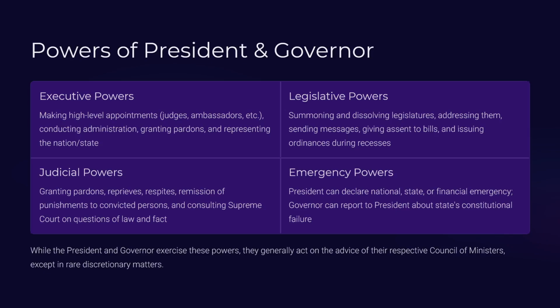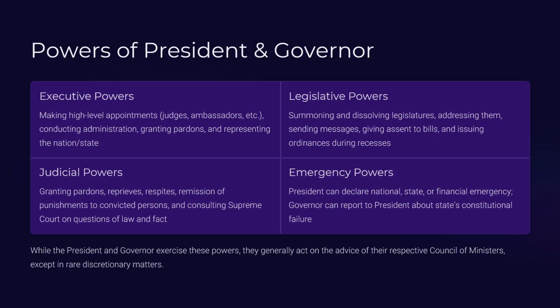Then the powers of the President and Governor. It is almost similar. They have executive powers, legislative powers, judicial powers, and emergency powers. Executive powers are making high-level appointments like judges, ambassadors, etc., conducting administration, granting pardons, and representing the nation or the state.